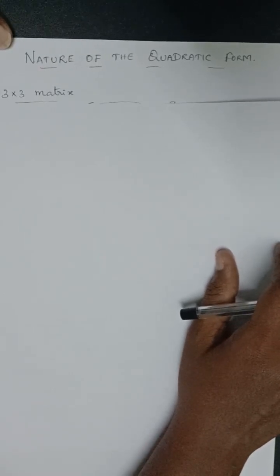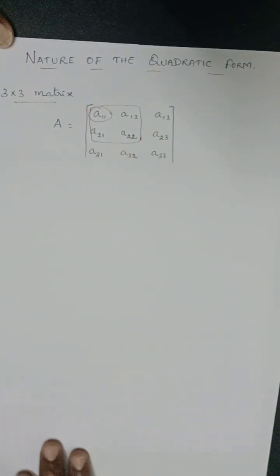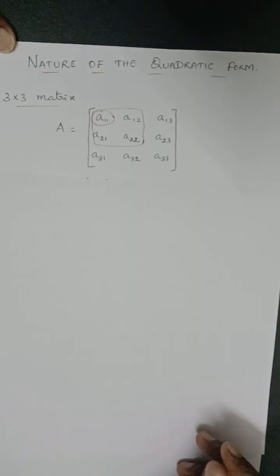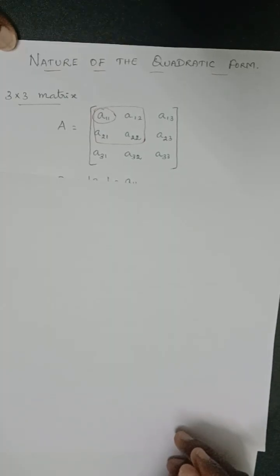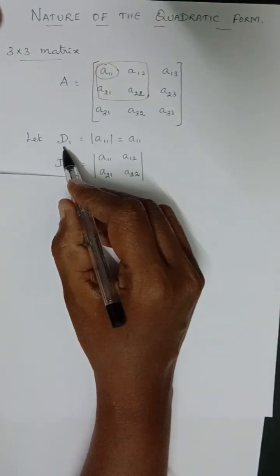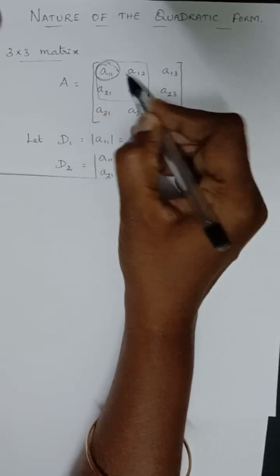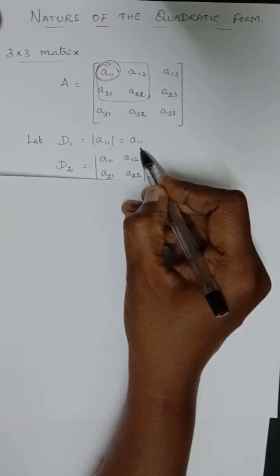So I will take one 3 by 3 matrix. The general 3 by 3 matrix is A, with first row A11, A12, A13, second row A21, A22 and A23, and third row A31, A32 and A33. Here in the 3 by 3 matrix we have D1. D1 means the first principal element, so the determinant of A11 is equal to A11.